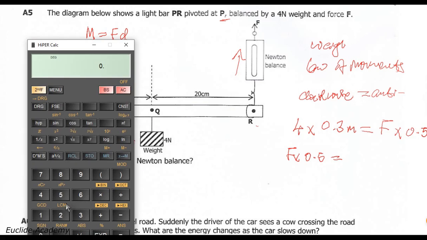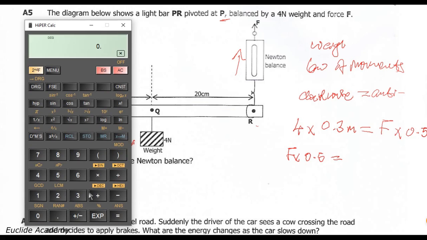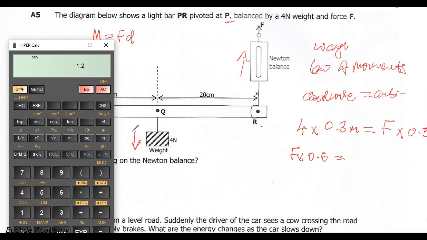We have 4, and when we multiply that with 0.3, we have 1.2. So that is 4 times 0.3, which gives us 1.2, and then we're going to divide this value by 0.5, and then we get 2.4.